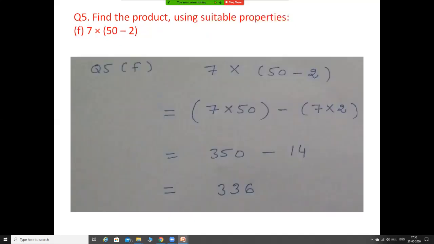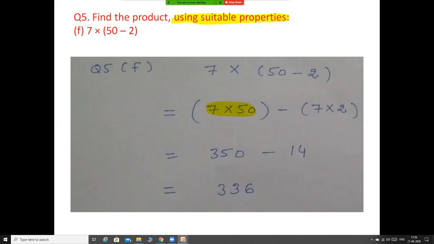Now, my dear students, let us see what is there in part number F. Again, I'm highlighting the line, using suitable properties. Find the product. What is the question? 7 into 50 minus 2. So what we are going to do here, first of all, multiplying 7 with 50, this becomes the first bracket.